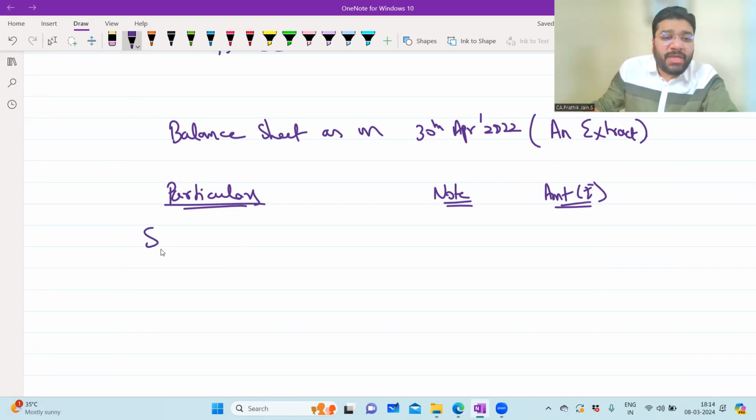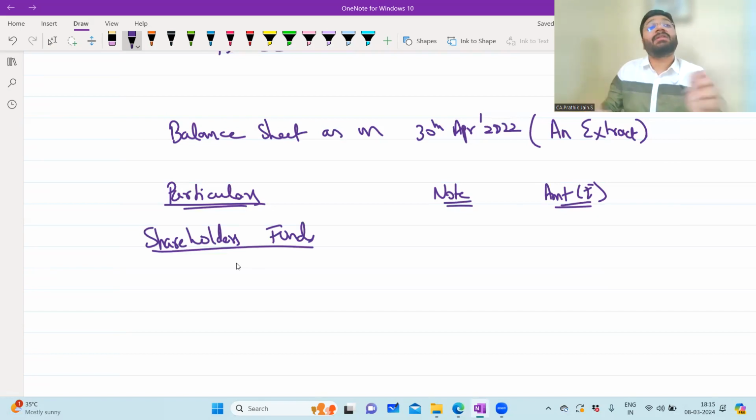So first one is shareholders funds. Under shareholders funds, how many items are there? Three. First item is share capital, second is reserves and surplus, third is share warrant. This is the power of revision.